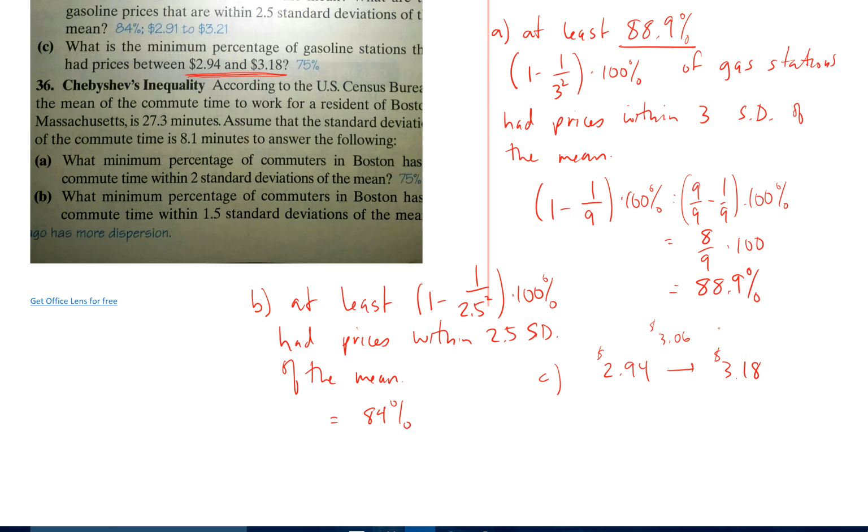That was the average, and the standard deviation was 0.06. So if you recognize this, you go, oh, 3.06, how far up and down did I go? One standard deviation is 3.12. Another standard deviation is 3.18 to 2.94. So that's two standard deviations up and down, right?